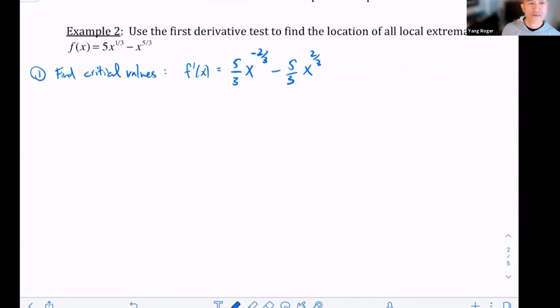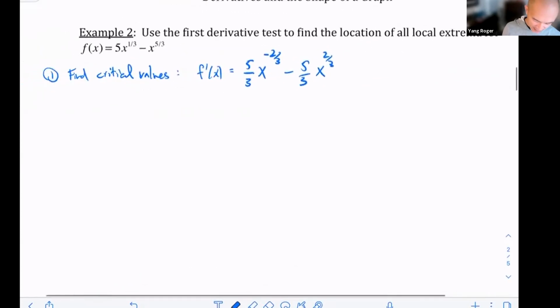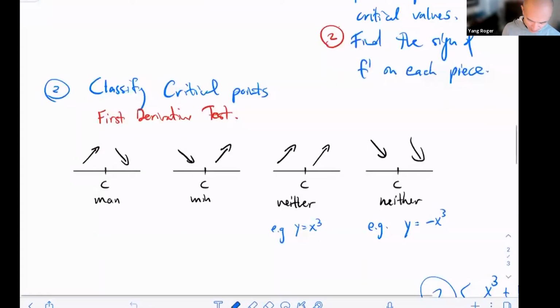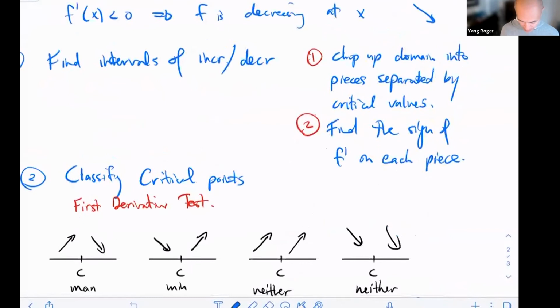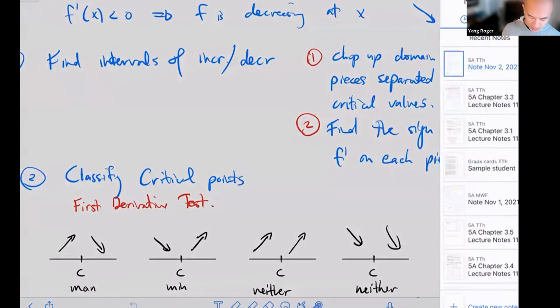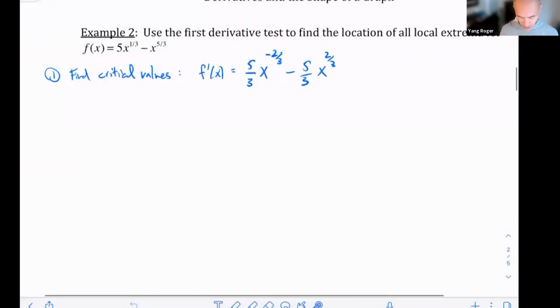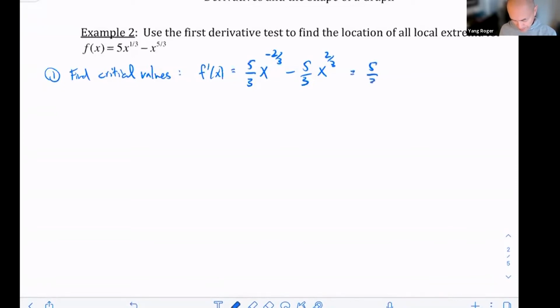Now I want to factor this. I don't know if I emphasized it earlier, but we want to chop up the domain and separate it with critical values. In order to find the critical values, you really need to factor f prime. I see a common factor of 5/3, so I'll pull that out.